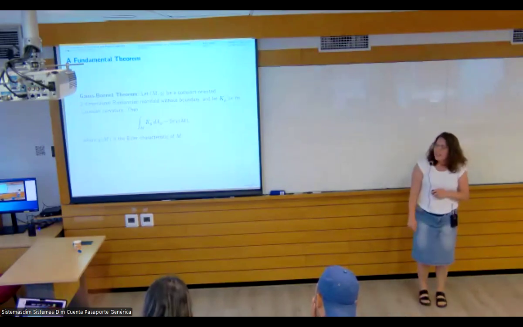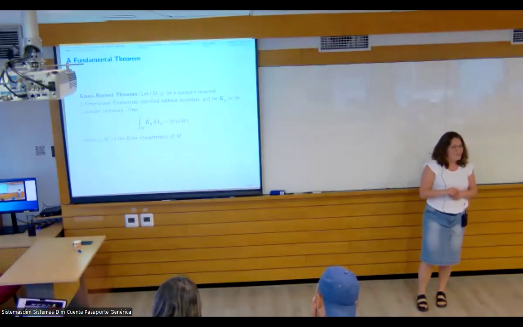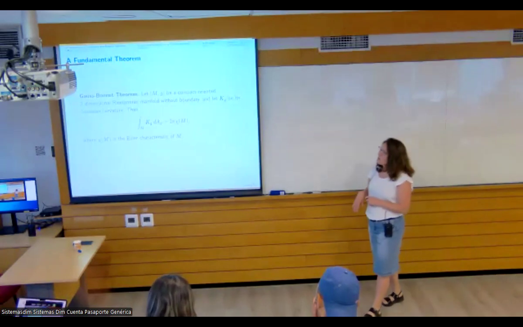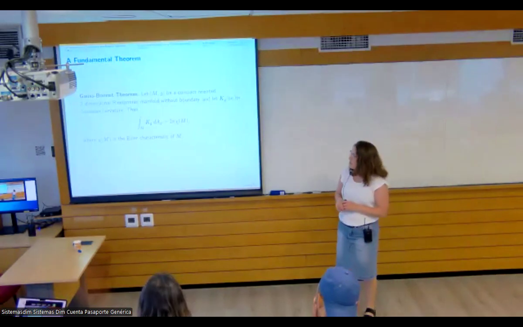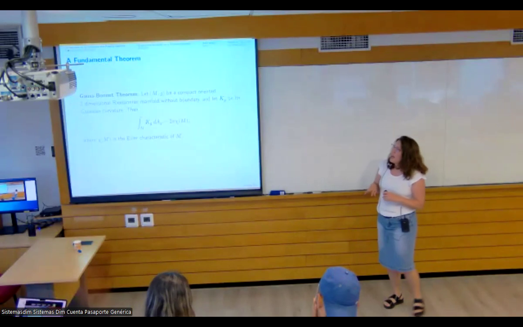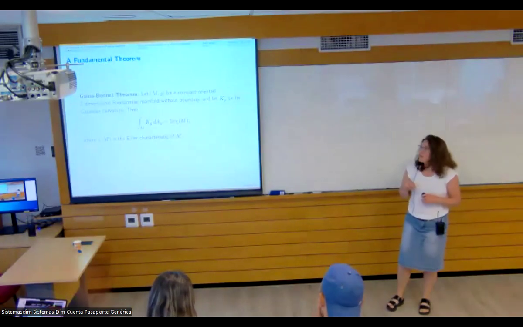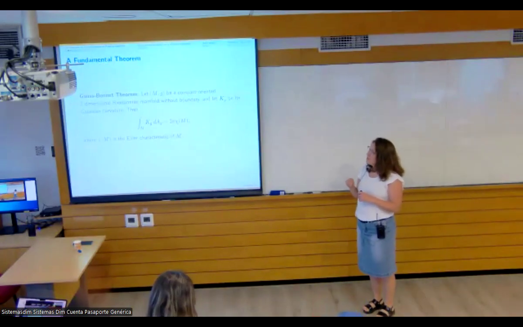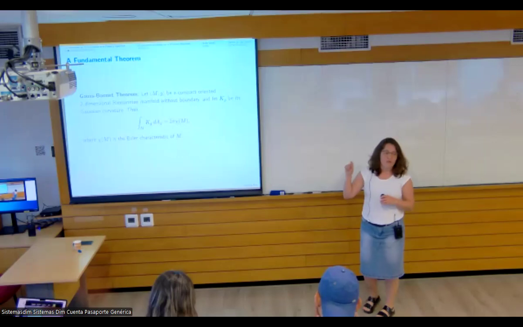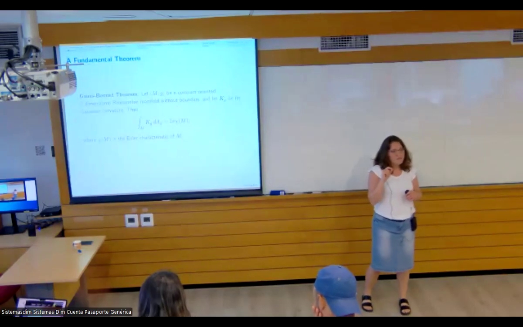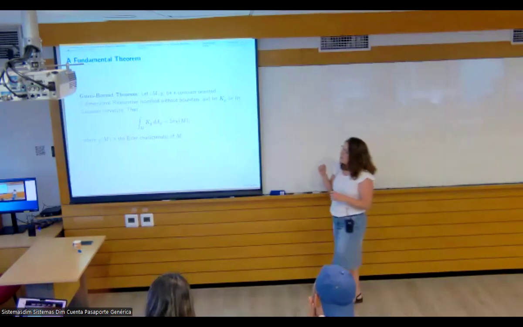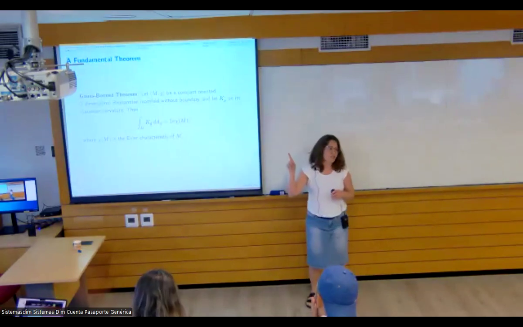So a famous theorem in geometry is the Gauss-Bonnet theorem, which states that for a two-dimensional compact manifold without boundary, if we integrate the Gaussian curvature, that quantity does not depend on the geometry of the manifold.